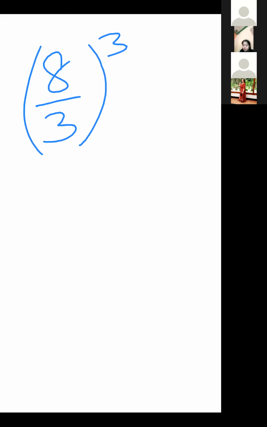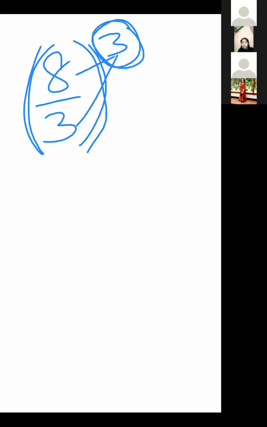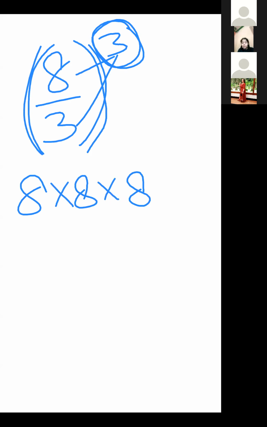This 3 is the power of this whole number. This 3 is related to 8 also, and this 3 is related to this 3 also. Means when you open the bracket, 8 is multiplied 3 times and 3 is multiplied 3 times.